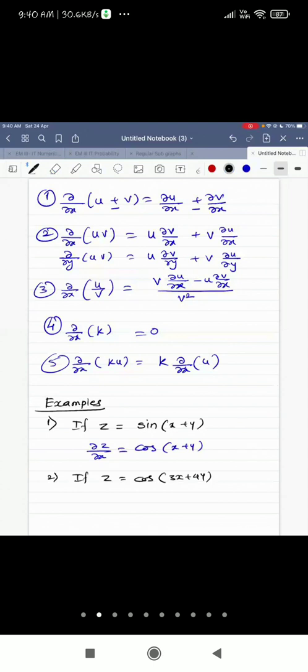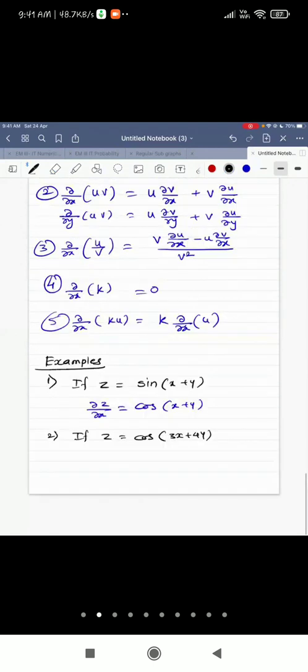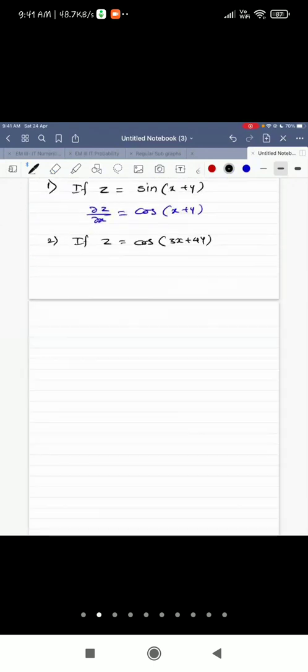The major difference is in ordinary derivative, you have only one variable, and in partial differentiation, you have two variables. So while differentiating with respect to one variable, you are treating the other variable as constant. That you have to remember. Okay. So you need to understand this, isn't it? There is a difference.